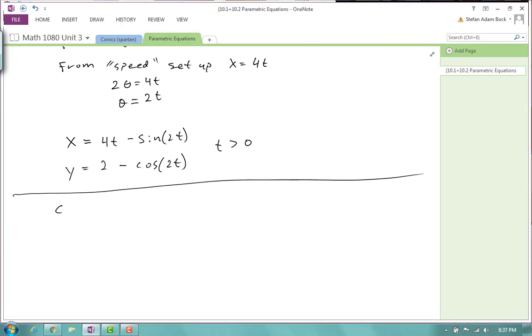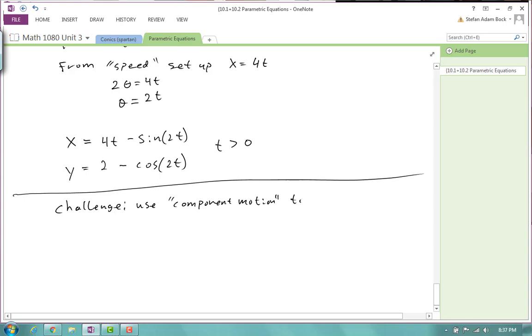So my challenge to you guys: use the notions of component motion to find parametric equations describing the path of a radius 1 wheel revolving around a radius 10 wheel.